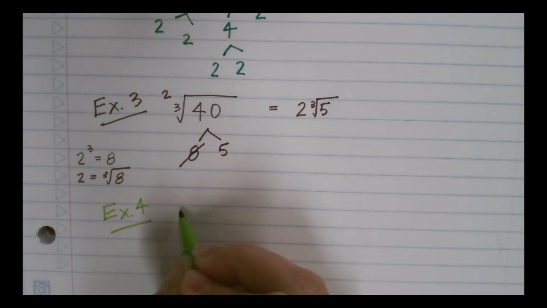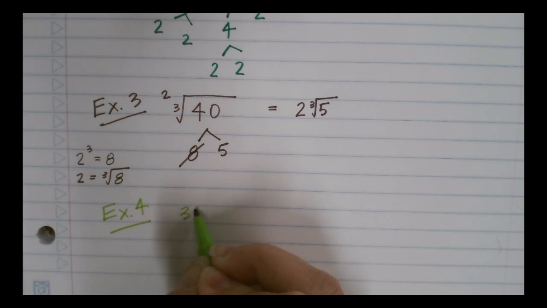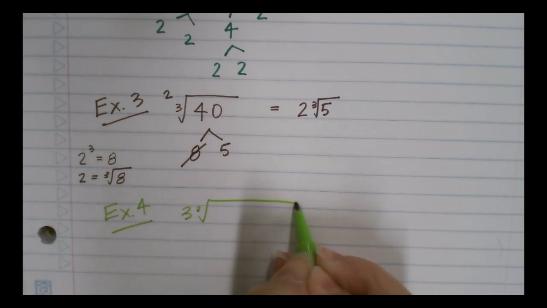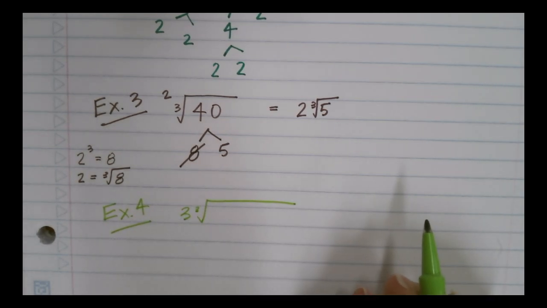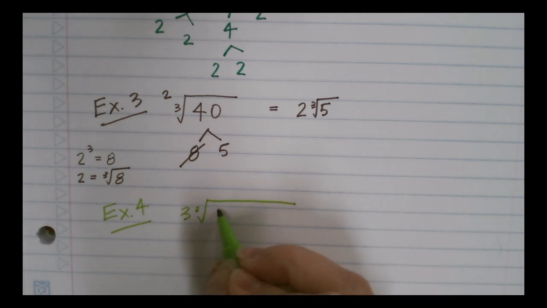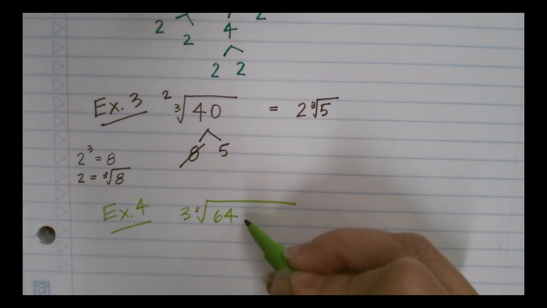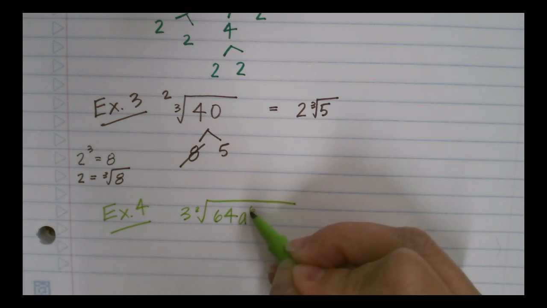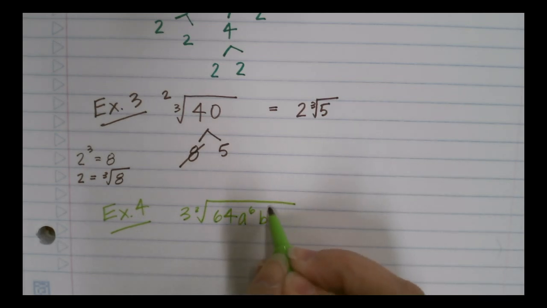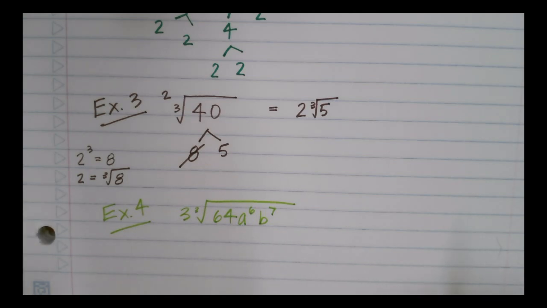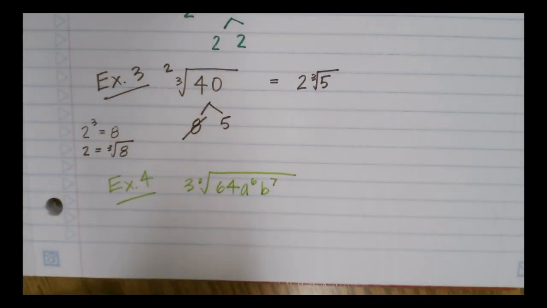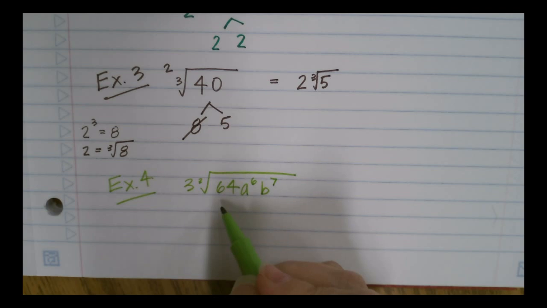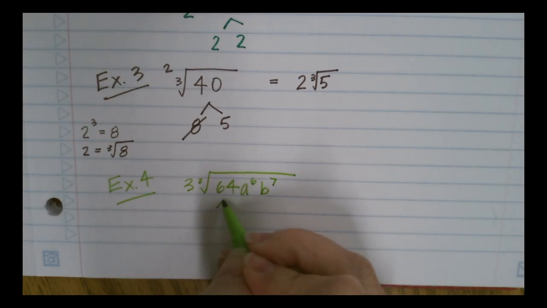So let's just say we have 3 times the cube root of 64 a to the 6th b to the 7th. Let's try that. First thing I'm going to do is work on 64.